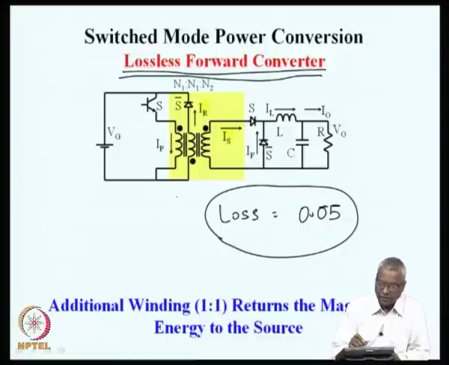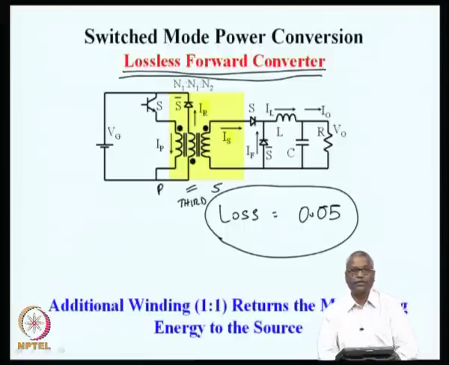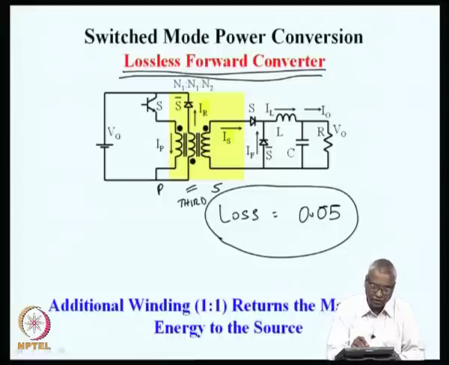What this has in comparison with the previous circuit is that there is a third winding, the primary, the secondary, and then a third winding is introduced in the middle of this, which has the same number of turns as the primary, N1 is to N1 is to N2.